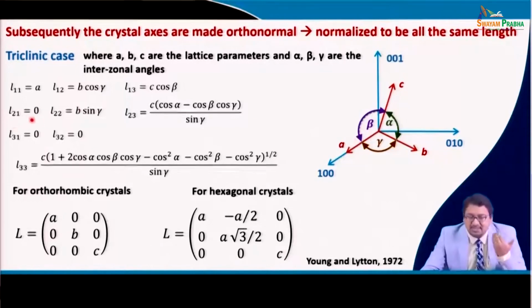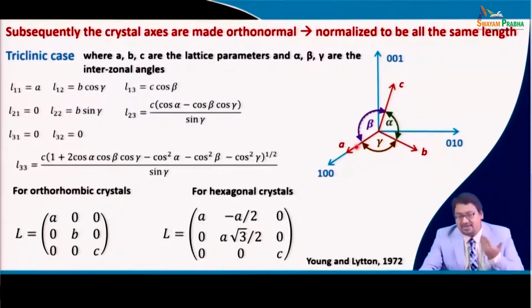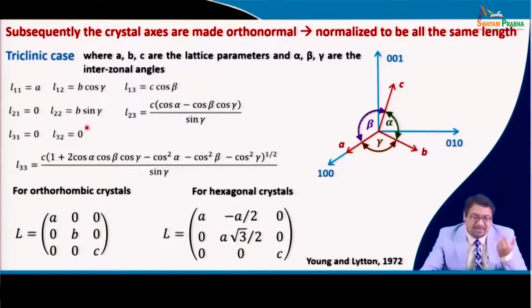Now, L21 is equal to the relationship between 0 1 0 and A, which is A cos of 90 degrees, and so it becomes 0. L22 becomes B sine of gamma, right. L23 becomes a little complex relationship, C times cos of alpha minus cos of beta cos of gamma divided by sine of gamma, right.